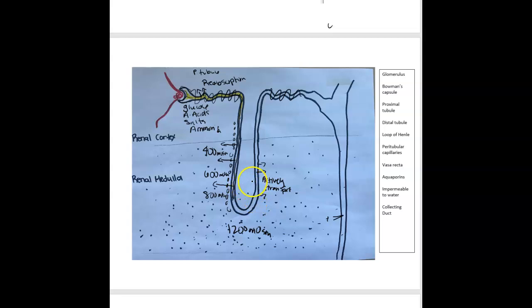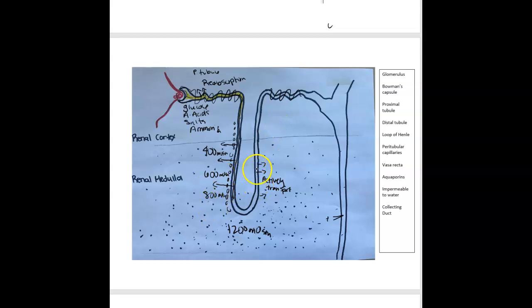So we have to create an environment that is highly concentrated. And so we have pumps over here where we're going to take solutes out of the filtrate, and we're going to make this environment out here. We're going to actively pump salts out to increase the osmolarity, or the concentration, of the medulla, so that it will continue to pull water out of the descending limb.